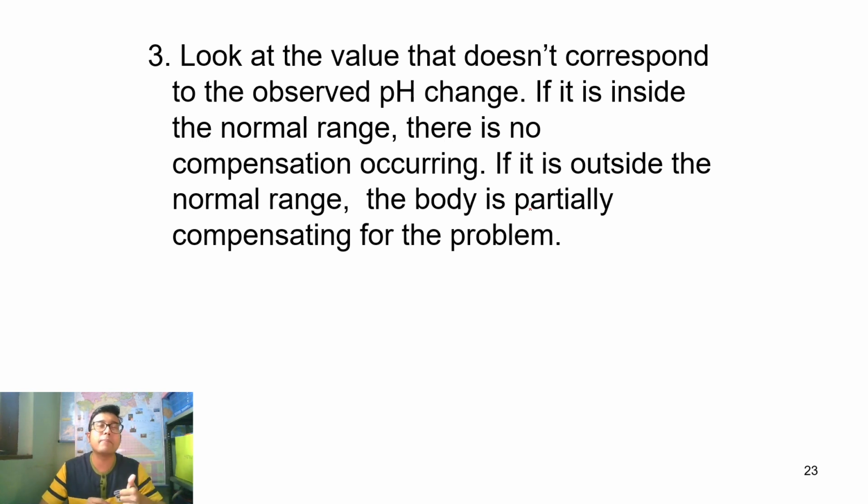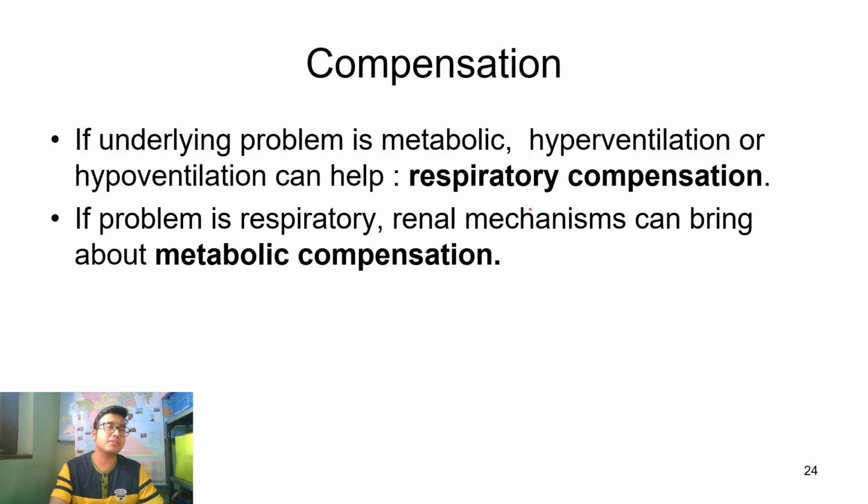The disease happened and the compensatory mechanism triggered and they are fighting to bring the pH back to normal. So if the pH is not near normal, then there is no compensation. If the counter factor is going up or down, it is compensated, and if the pH is near normal, it is fully compensated. I will give you practical examples to show you, and you will be able to diagnose it.